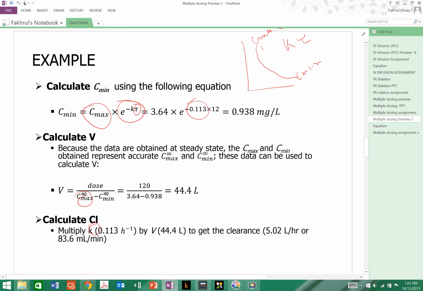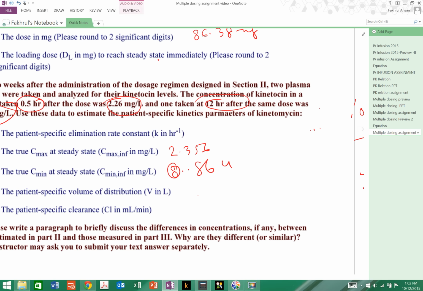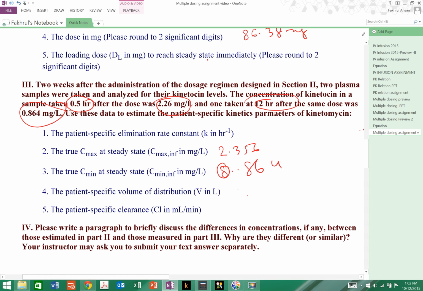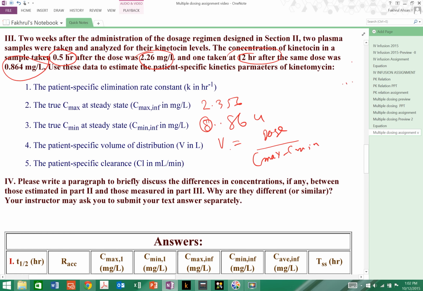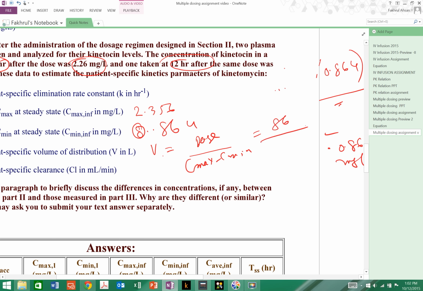Here, this is the equation we have to use to calculate volume of distribution from Cmax and Cmin. So use V is equal to dose divided by Cmax minus Cmin. I think our dose was 86, yes.